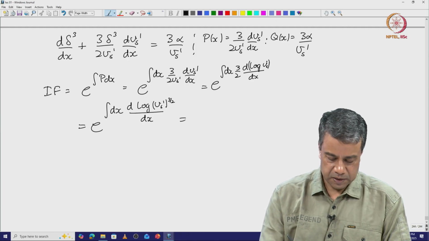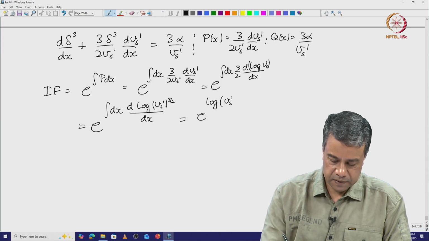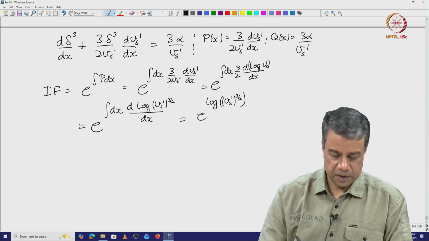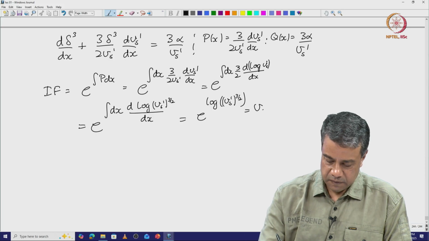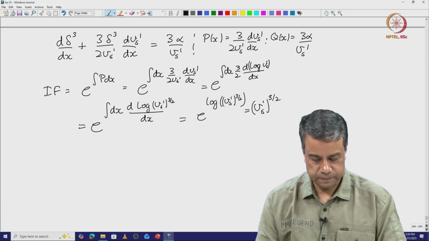So, this is just exponential of log of V s prime to the 3/2, which is the same as V s prime to the 3/2.